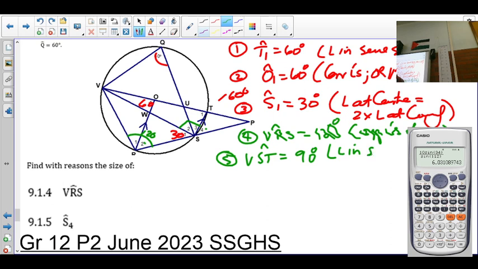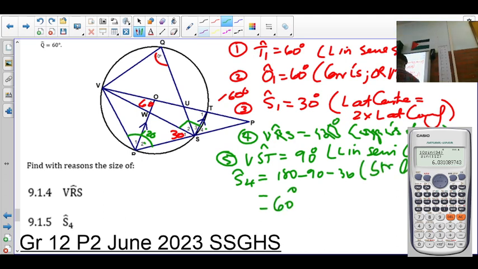Angle in semicircle. So S4 is equal to 180 minus 90 minus 30, which is 60 degrees. Why? Angles on a straight line. Okay.